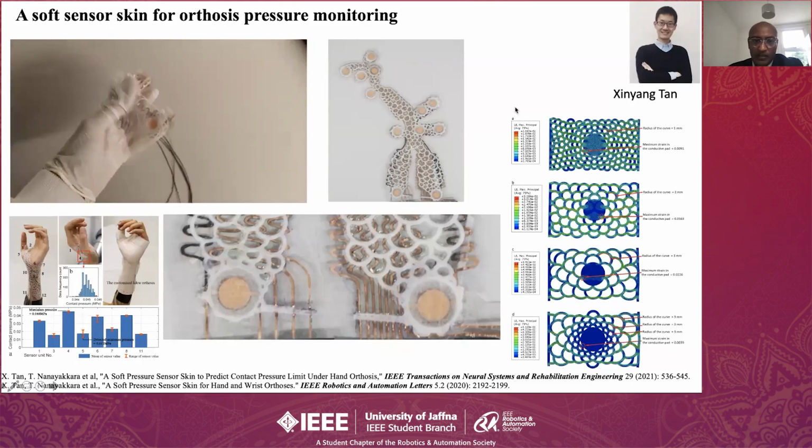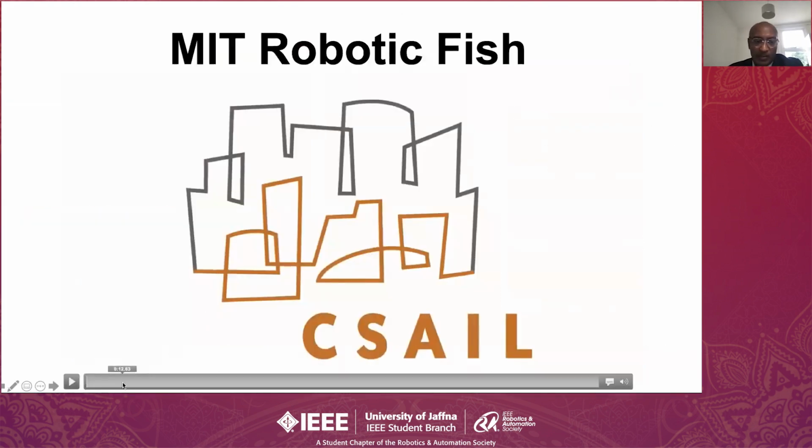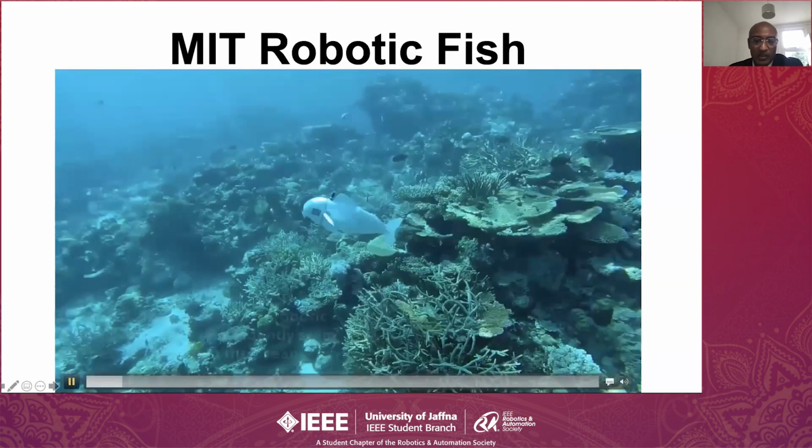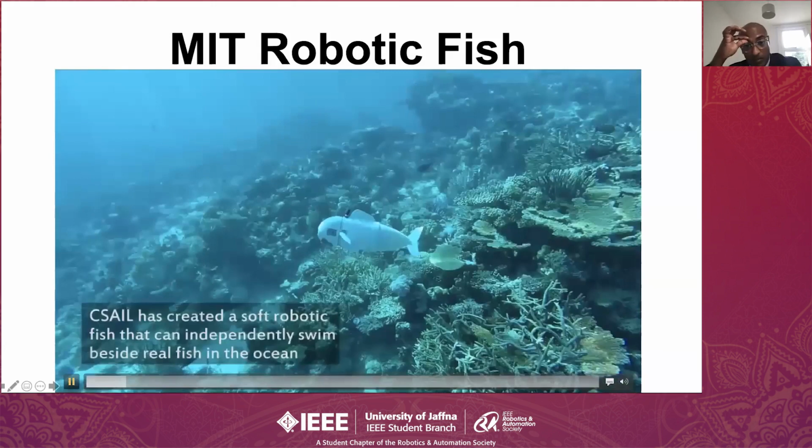So this is some interesting work done by MIT. They are the MIT robotic fish. These kinds of robots are really useful for underwater resource mapping and exploration.